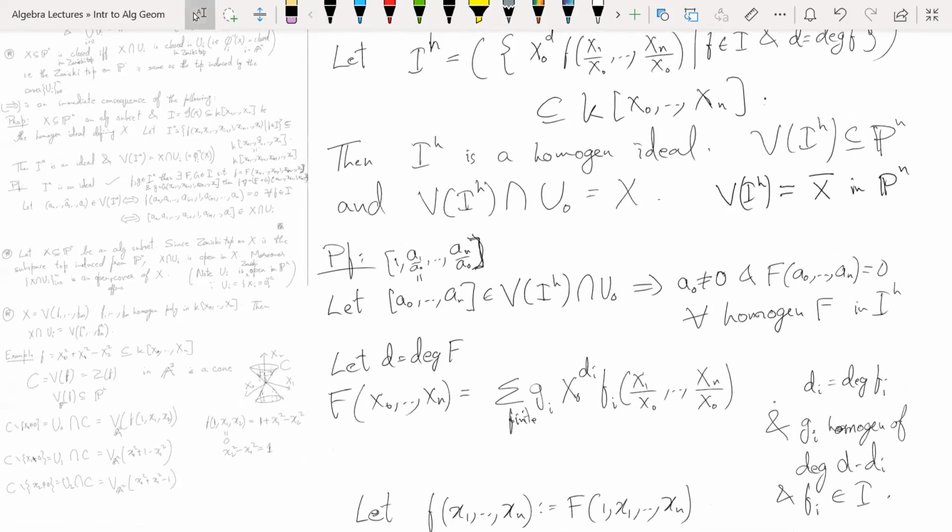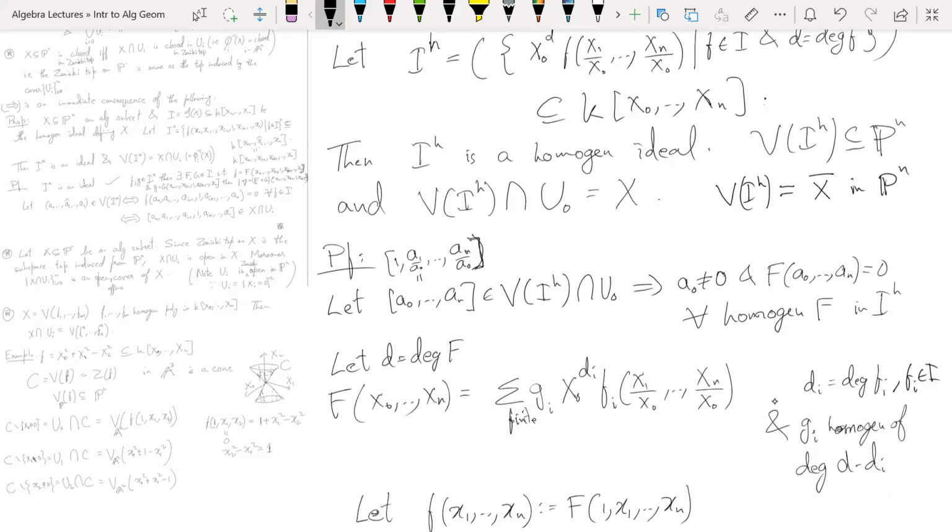So F, capital F, we can write as a sum of gi times x0^di fi(x1/x0, ..., xn/x0), where di is the degree of fi. Maybe here itself I should have written fi is in I. Since this part is already homogeneous, gi should also be homogeneous, of degree d minus di, so that the total degree is d.